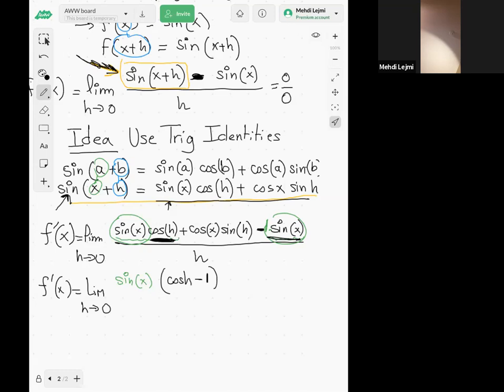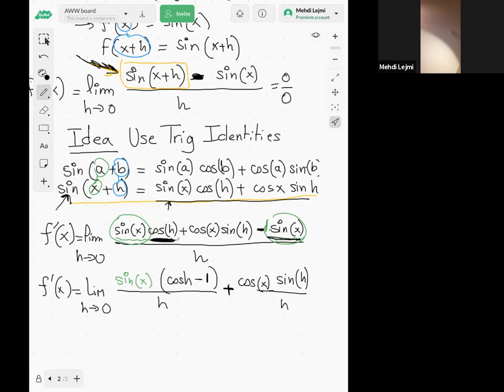Then of course there's cosine of x sine of h, and the whole thing divided by h. So I'm going to split this fraction into a sum, this thing over h and this thing over h.